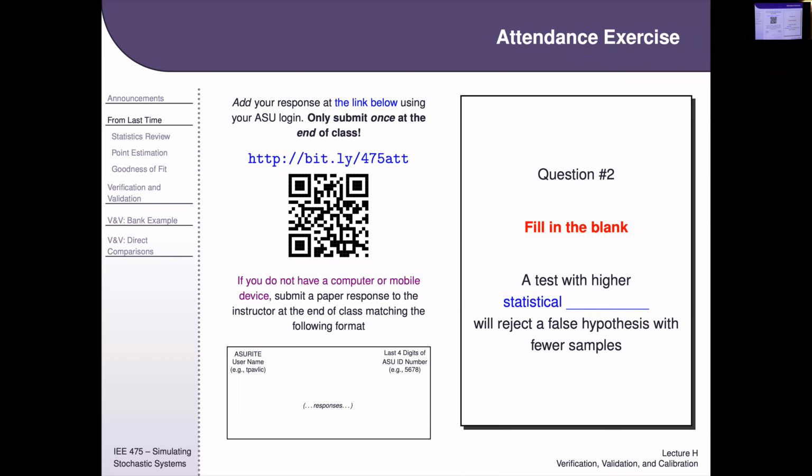Statistical power is a little bit of a flip side of that, where it's actually a probability of rejecting, well, I'm not going to define it formally here, but things with high statistical power will tend to be able to reject a false hypothesis with fewer samples. And so the flip side of that is things that have high statistical power, you can actually accept hypotheses with fewer samples. And so you might say like a Chi-squared test is a goodness of fit.